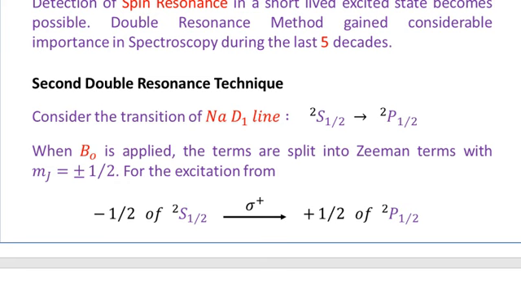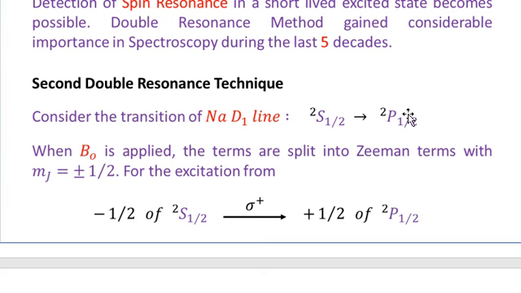So consider the sodium D1 line, that is the transition from 2s1/2 to 2p1/2. So this transition is also a resonant transition, so you can put a double arrow between these two levels. 2s1/2 to 2p1/2 is the transition involved in the resonance of the sodium D1 line.